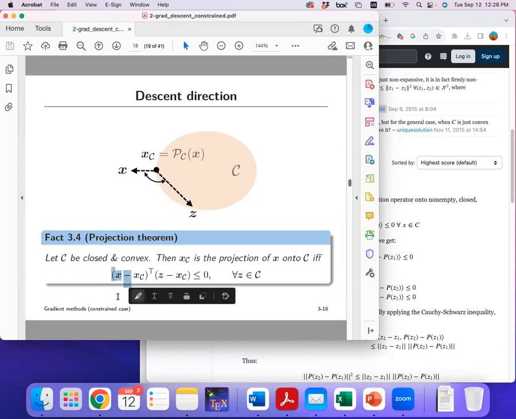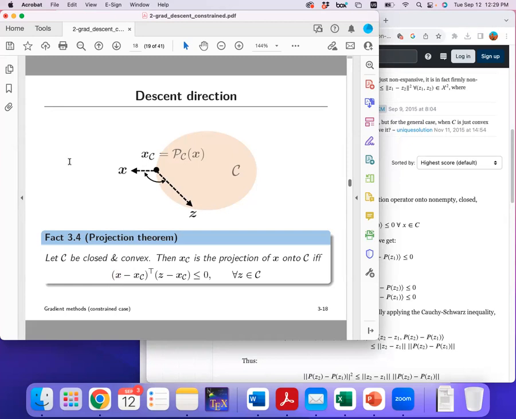So x minus x_C is negatively correlated with z minus x_C. This is the point, and this is the projection. This vector is negatively correlated with any of these vectors. This z can be any point in this set.